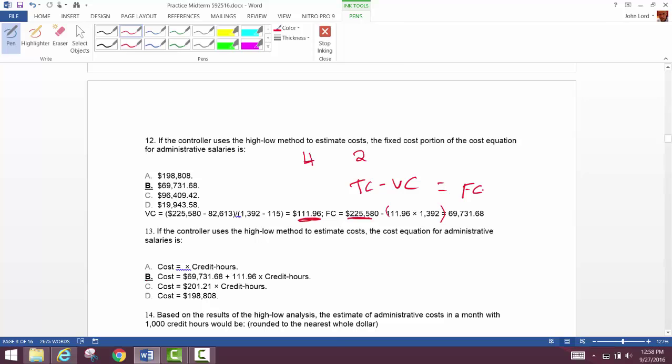Okay, and so once we got the fixed cost, then all this wanted to see is if you could come up with the equation for this, which is the fixed cost plus the variable cost times the number of credit hours in this example is the driver, right?